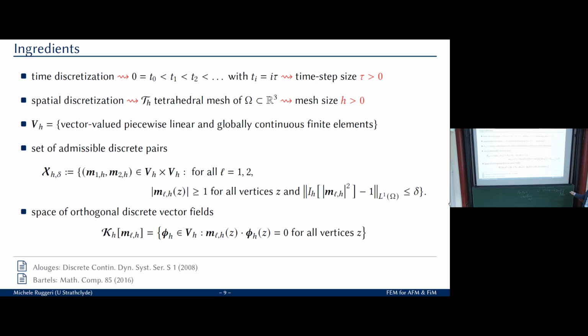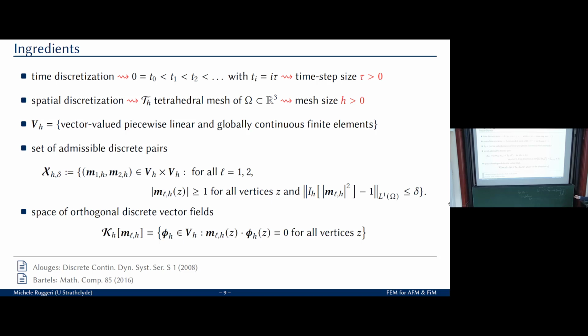So I'm violating it, but I introduce some control of the violation, which is controlled by this parameter delta appearing here, and the control is in this sense here. So I_h here denotes the interpolation. You just consider your nodal values and consider the piecewise affine interpolation of them.